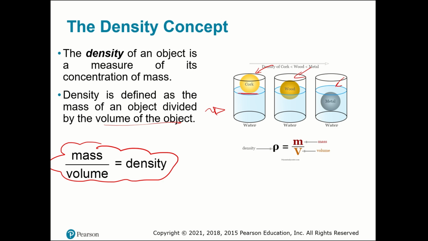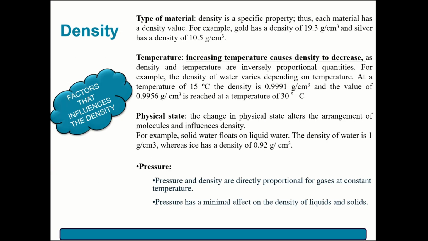Wood must be pretty close to the water because it's half floating and half sunk. So it's in the middle over there. It's not sunk, it's not floating completely. So the density must be pretty close to each other. But metal is heavier, so I know the density is greater than the water.